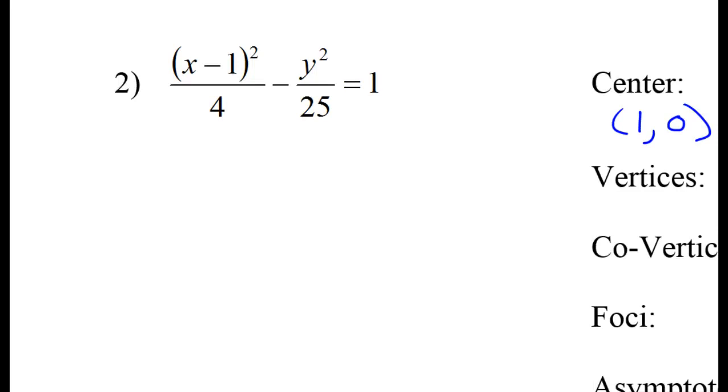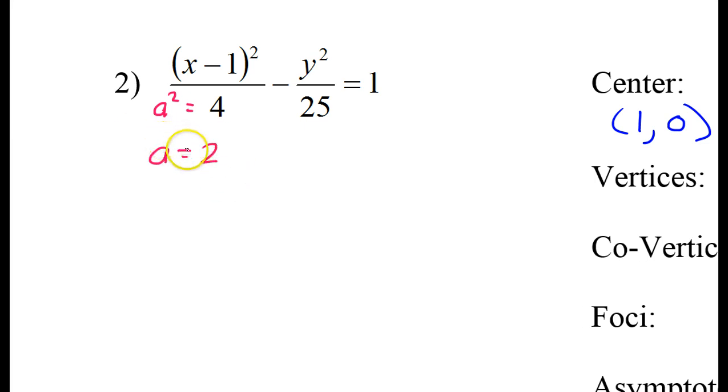Next, we need the a value and the b value. Remember, for hyperbolas, the a value is not necessarily going to be the biggest one. In standard form, it'll come from the number that's first, the positive one. So this will be a squared, even though it's a smaller number. So a will equal 2.